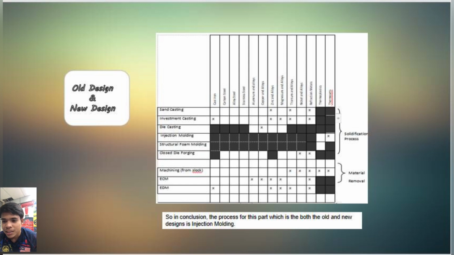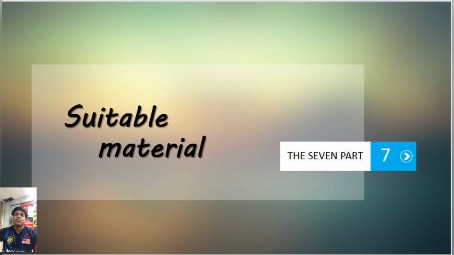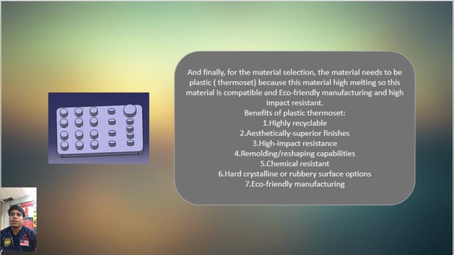So the conclusion, the process for this part, both the new and old design, is injection molding. Suitable material. And finally, from the material selection, I choose the thermoset because of the better high melting point, compatible and eco-friendly manufacturing and high impact resistance.